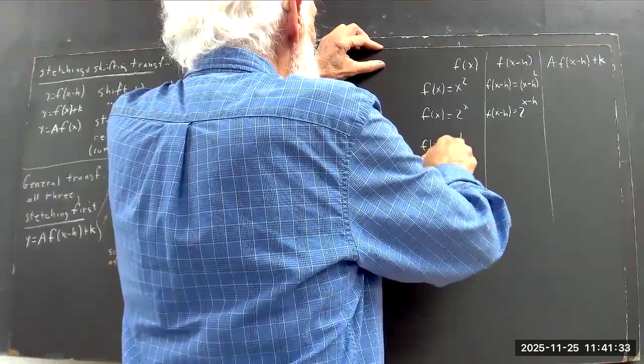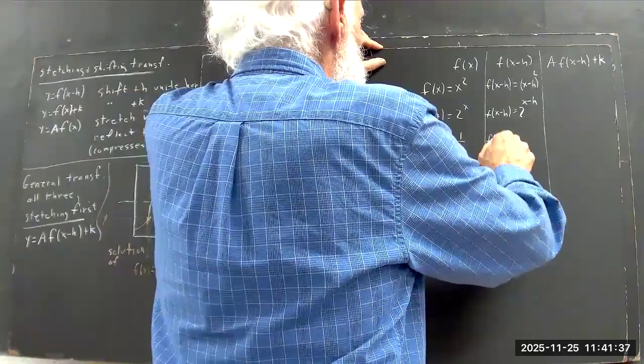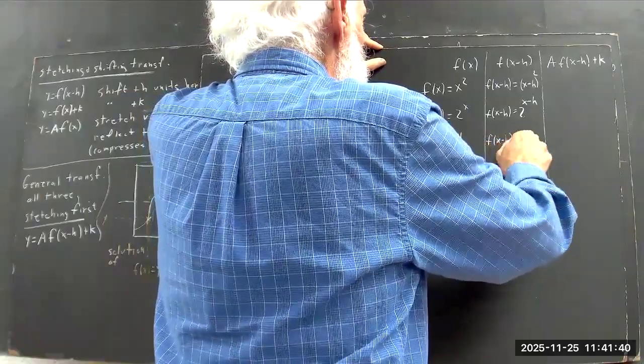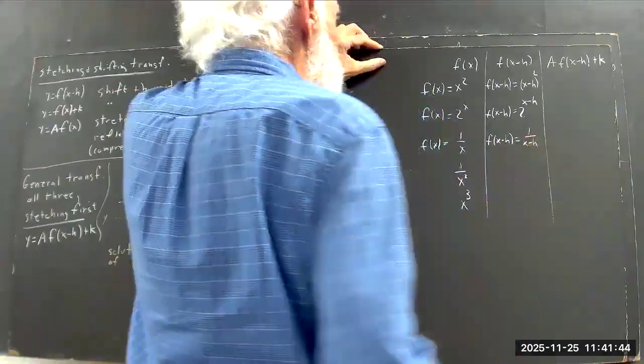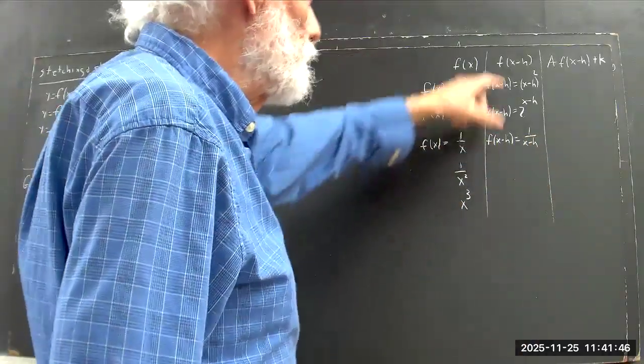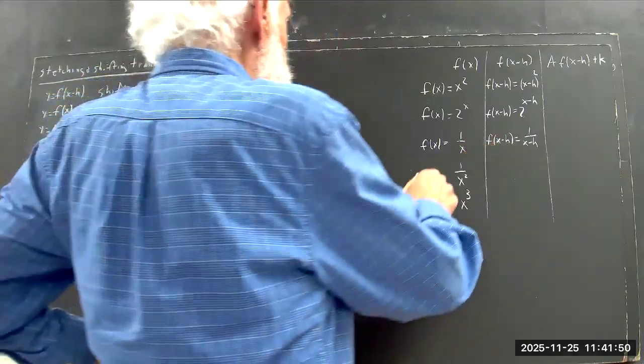If f of x is 1 over x, then we replace the x's by x minus h. F of x minus h equals 1 over x minus h.